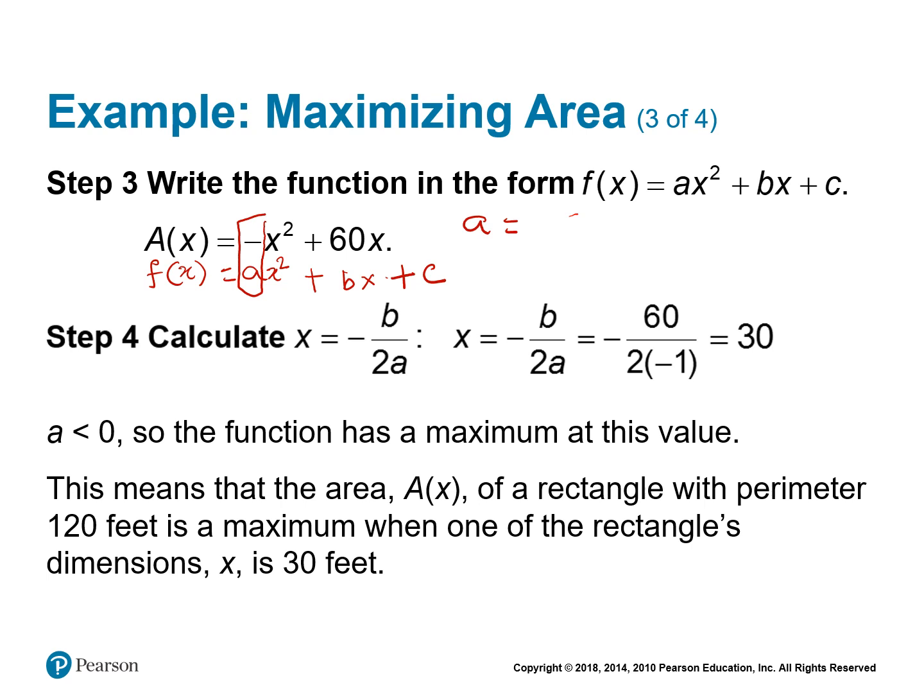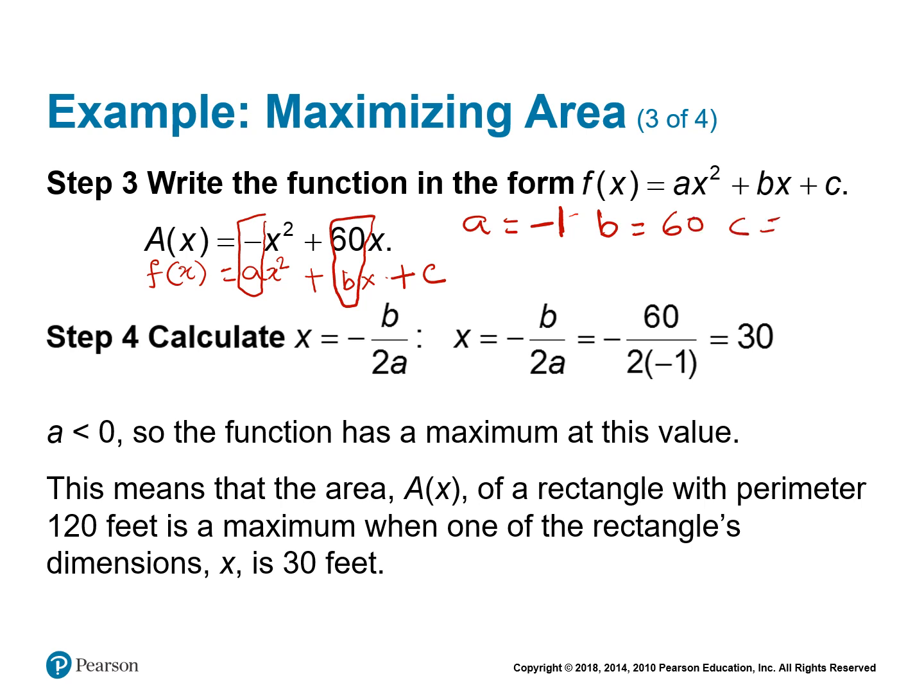So when it's just the negative, that means it's -1. So A has a value of -1. What about B? B equals 60. B is the coefficient of the second term. So B equals 60. What about C?